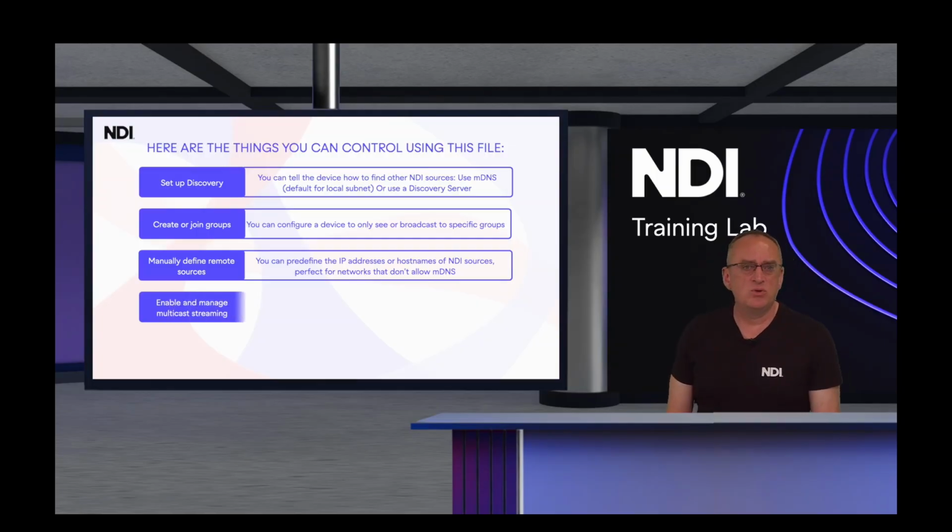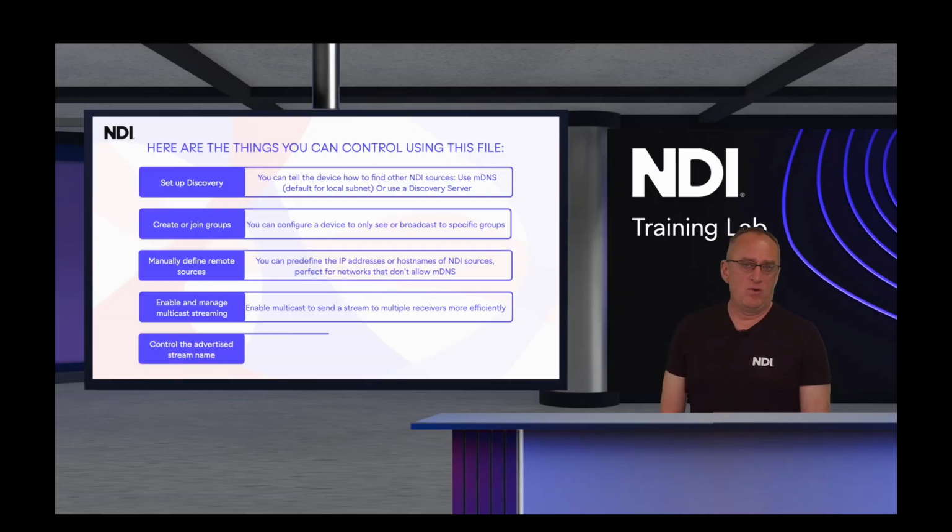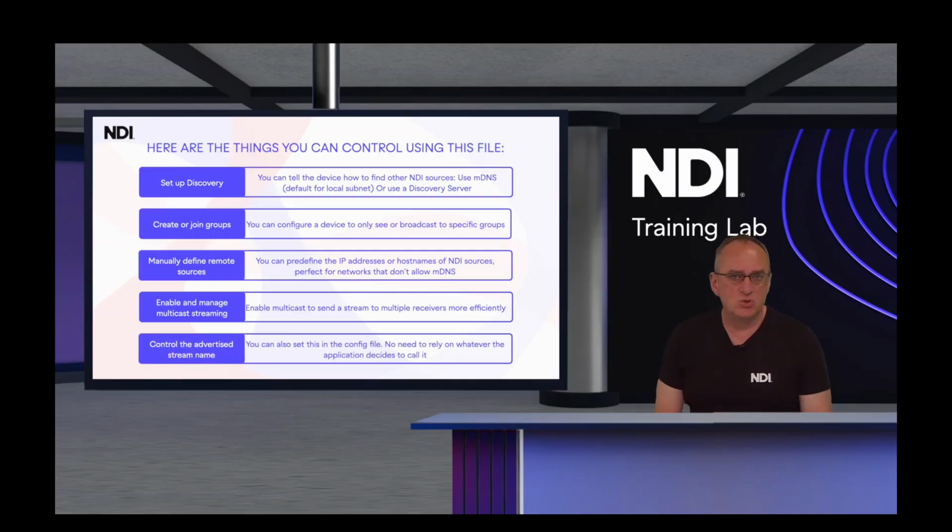It can also help with multicast enablement for large-scale distribution and stream name overriding to give friendly names for source lists. Once you understand this file, well, then you can deploy and manage NDI reliably, really across any environment.